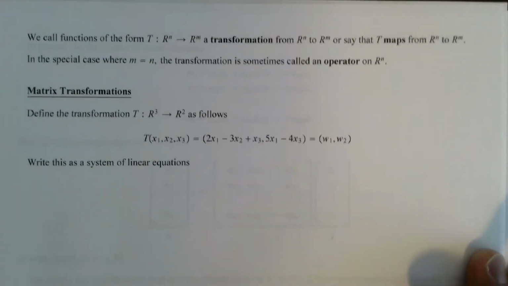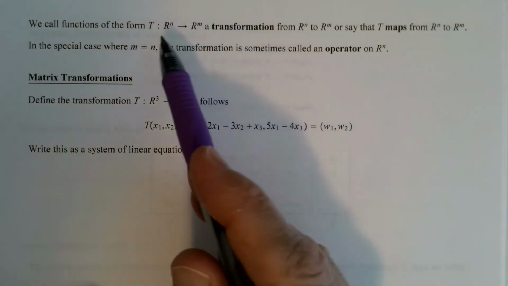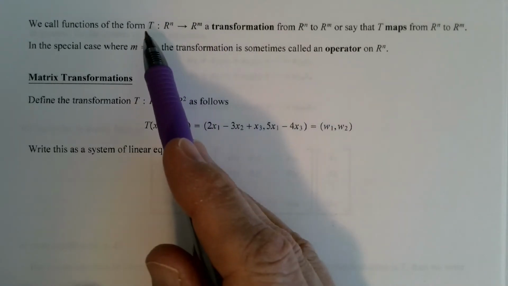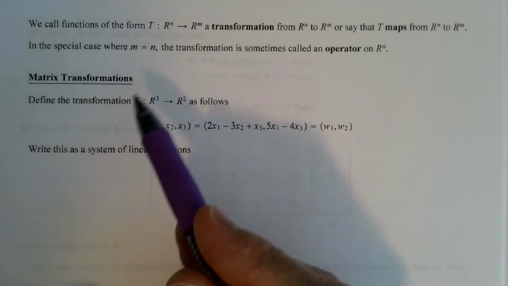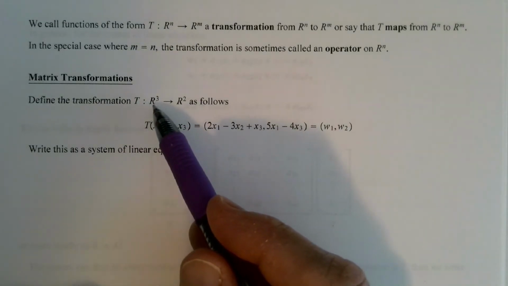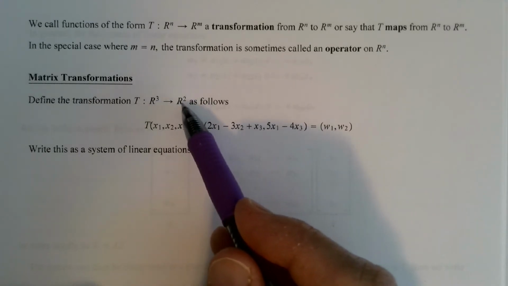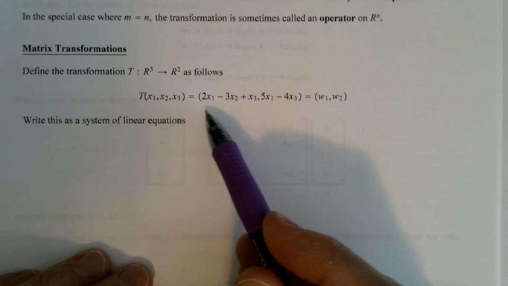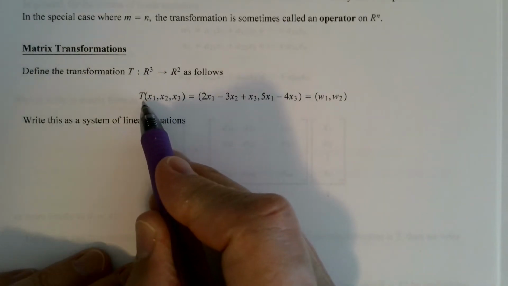So here's an example of a matrix transformation. Notice, since we're calling them transformations now, instead of f for function, we're going to use T for transformations. This is just the name of the transformation. To define this transformation T, this goes from where? 3 space domain, 2 space codomain, and here is the rule. So you input into the function T of what?